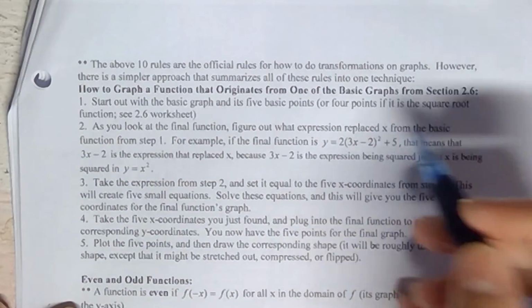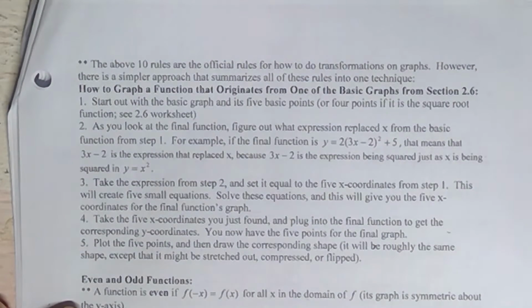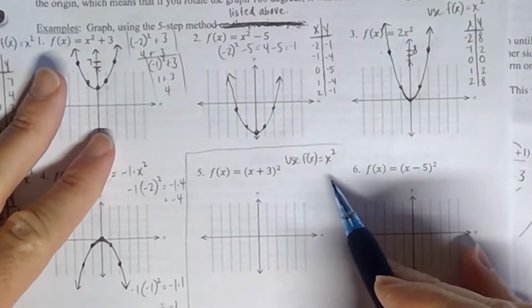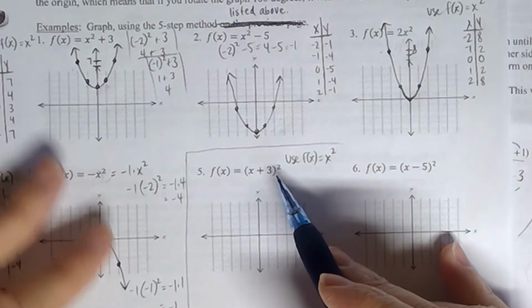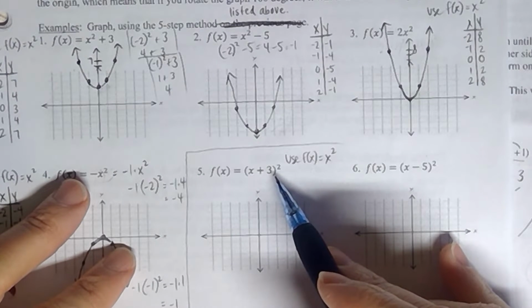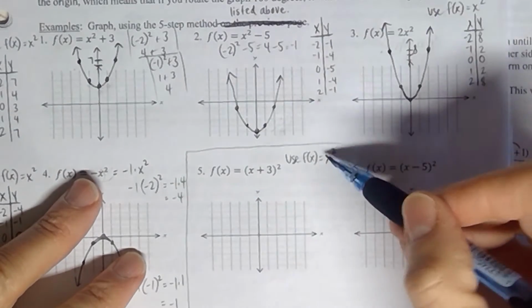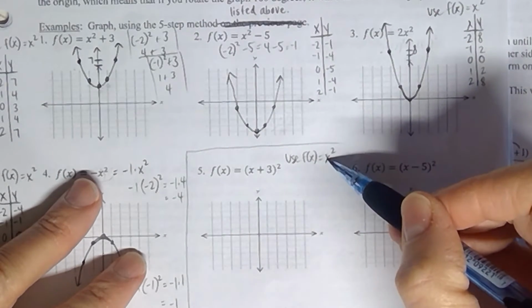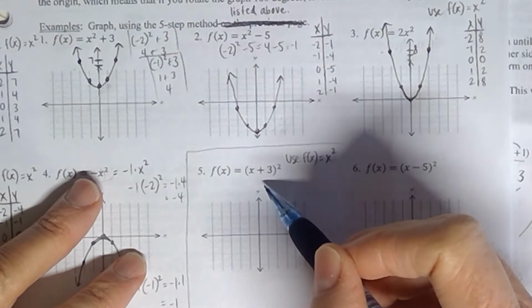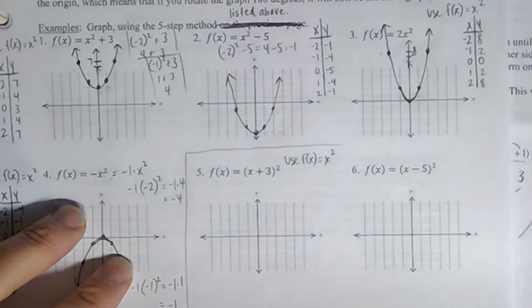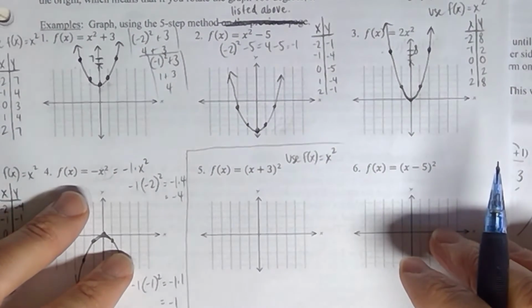In other words, if the x was being squared in the basic graph, what is now being squared in the graph that you're ultimately supposed to do here? Well, it's x plus 3. So if you're doing x squared, you have to ask yourself, what is being squared? If it's still just x like it was in the first 4 problems, then it didn't change, and that's why you don't have to do step 2.